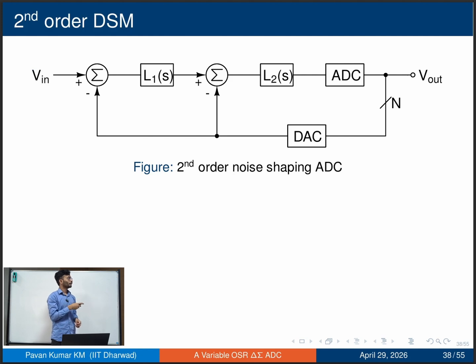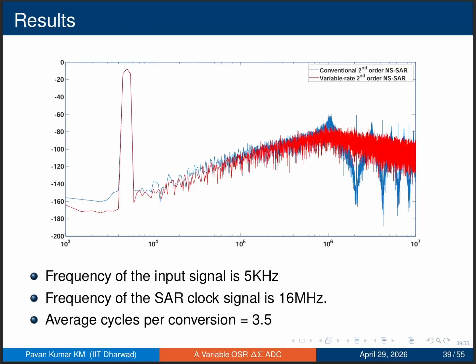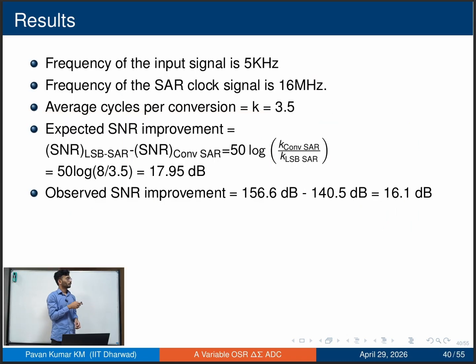This was also tested for second order noise shaping, and the improvement in SNR was expected to be 17.9 dB, and the observed SNR improvement was 16.1 dB.